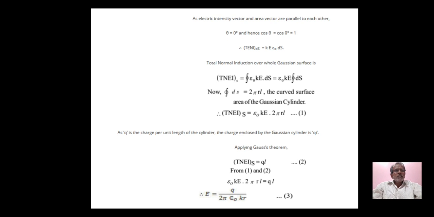Since length of the Gaussian cylinder is L and charge per unit length over the given cylindrical surface is Q, we can write k epsilon naught E into 2 pi RL equal to Q into L, and L on both sides gets cancelled, so E is equal to Q by 2 pi epsilon naught k R.